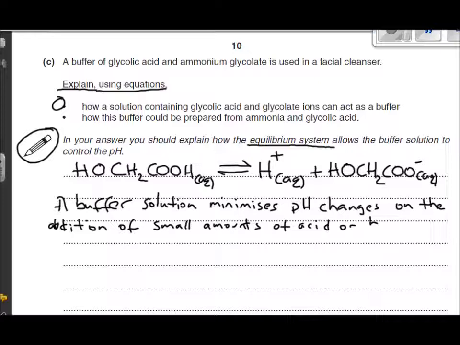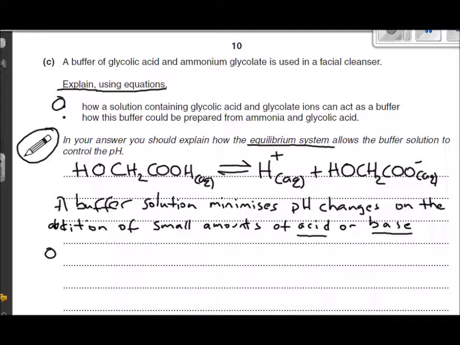So remember, it doesn't keep the pH absolutely constant. It's just minimizing changes. So to explain this, we need to break it into 2 parts. What happens when we add an acid to the buffer? How does it maintain the pH? And what happens when we add a base to the buffer? So we're going to start by thinking about what happens when we add the acid.